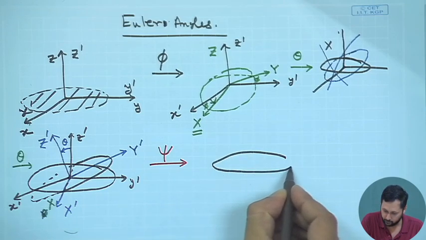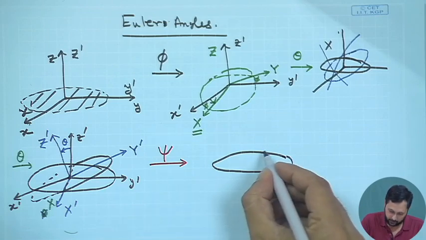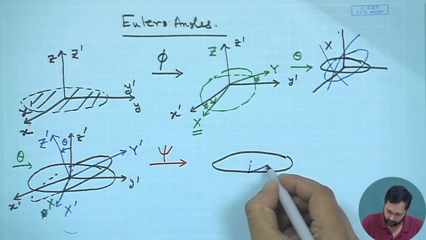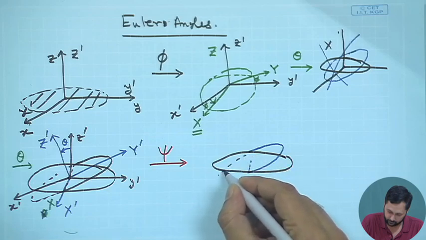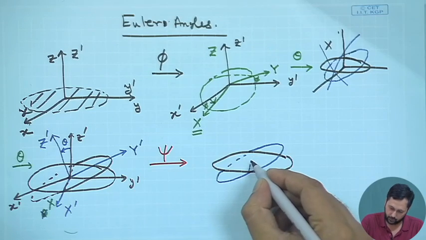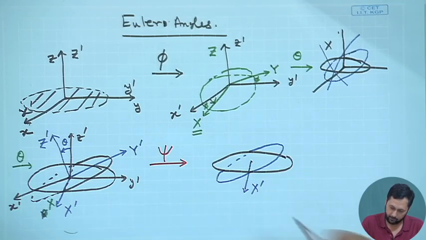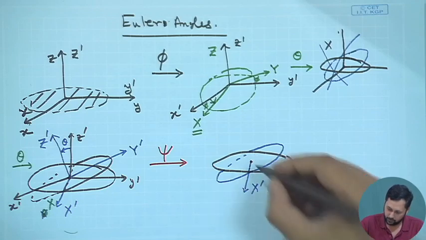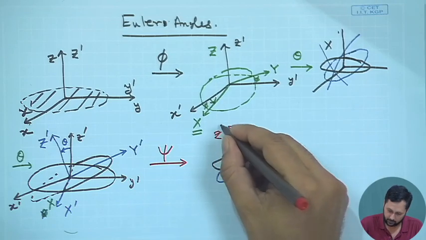So, this is my initial position of the object, just for reference. This was my position after two rotations, capital X prime, and now I rotate it by another psi around this Z axis, which is capital Z prime.